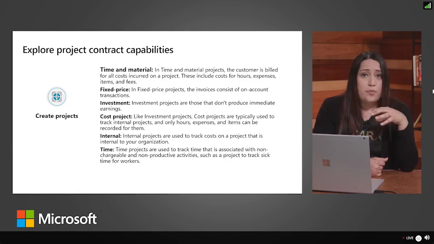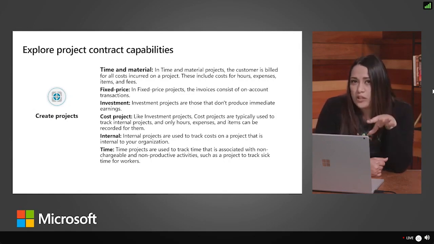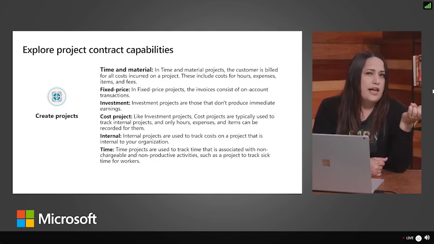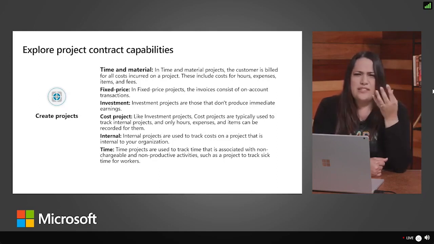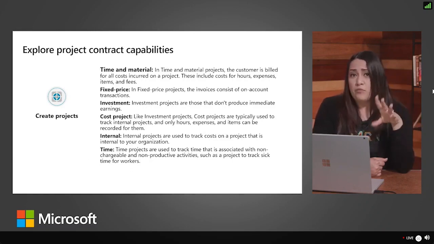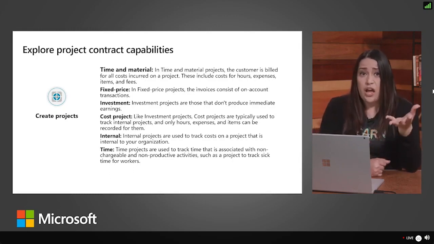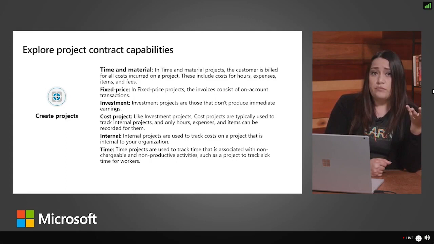With this type of project, we're only tracking the time and we don't have any costs hitting the ledger. So this project type would be used, let's say, for tracking workers who are not working on a billable project, but we still need to track their time. For example, if we have an employee who's taking vacation or if they're sick, we need to track their time for employee utilization.